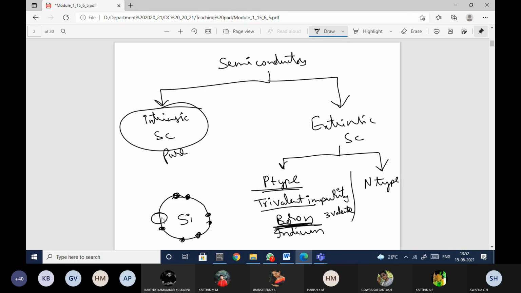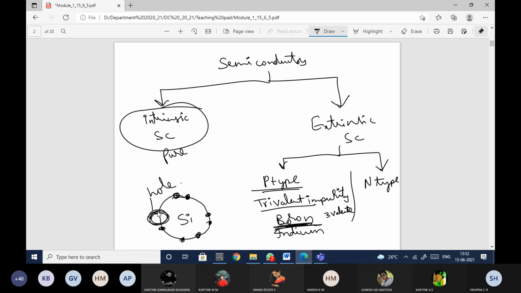So when you add a trivalent impurity to the silicon, it forms covalent bonds, but still it can accept one more electron at this location. This is said to be the hole. A hole is a place where it has the capability to accept an electron.